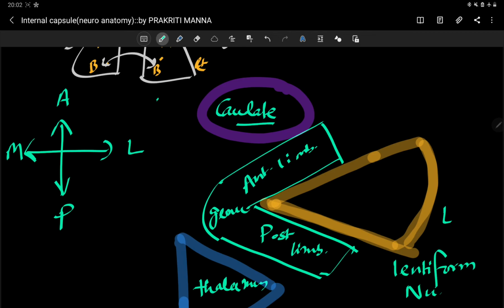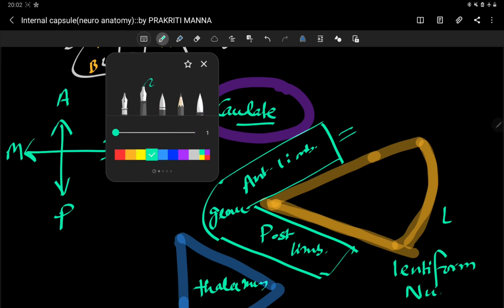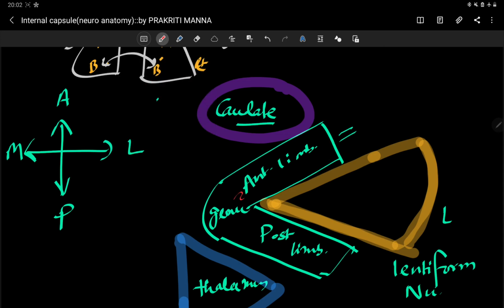So now if I am telling the anterior limb of the internal capsule, this much, it is located medially.